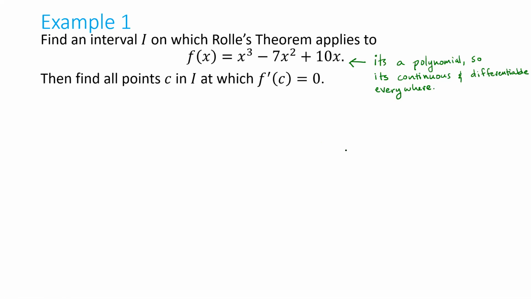So basically any closed interval that I choose would satisfy those two conditions. But remember, part of the theorem is that we require f of a and f of b to be equal. So we need to find a and b where f of a and f of b are the same.